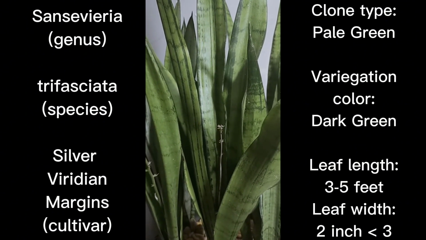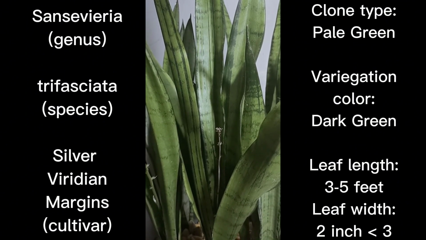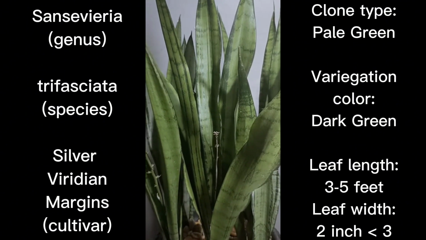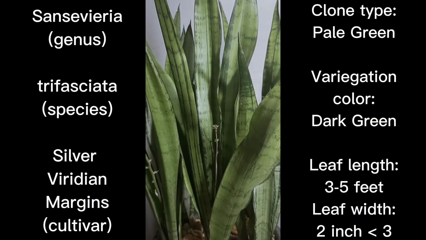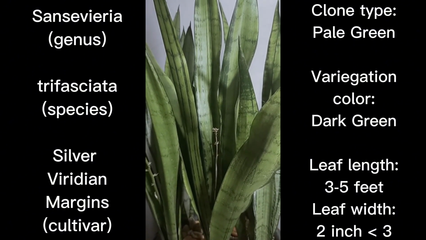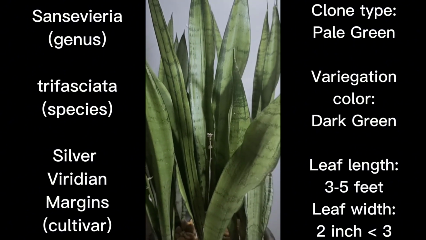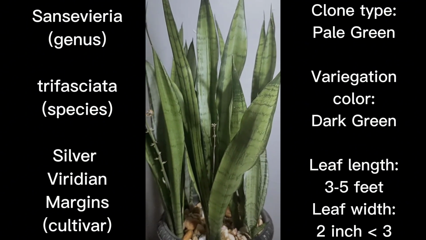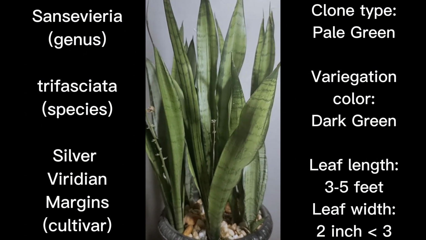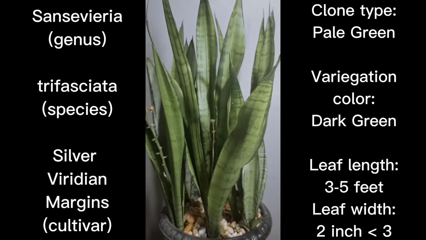But as I have collected more and more trifasciatas or Sansevierias up to this point, I have figured out that I have not mutated Sansevieria Silver Laurentii, but a different mutation.